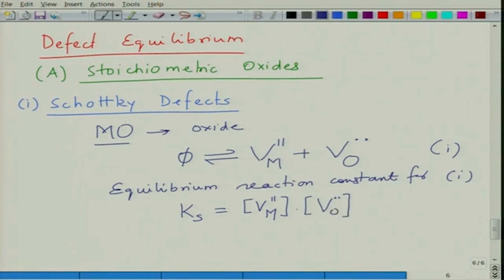We could have written it in terms of activity, but let us say it is a 100% activity kind of system. So, basically the square brackets denote concentration, right.